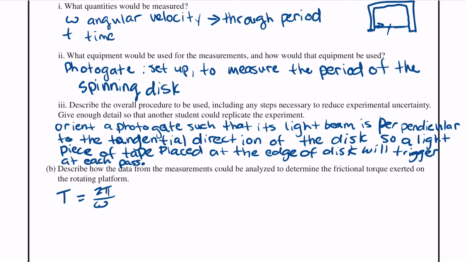So omega is just equal to 2 pi over T. Now that we have our period, we just divide 2 pi by our period, and we have data points for our angular velocity. So we're going to plot angular velocity, and make sure that you actually put your units here, radians per second, with respect to time.